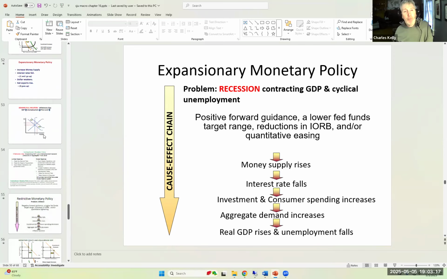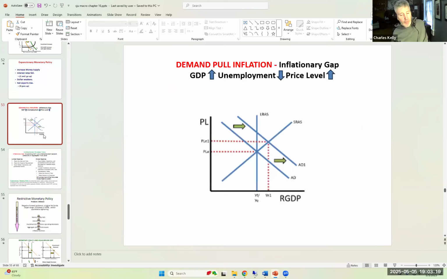Now, we could have the opposite problem, right? This has happened many times in our economic history, where we got too much money chasing too few goods. As pictured here, real GDP is running too hot.